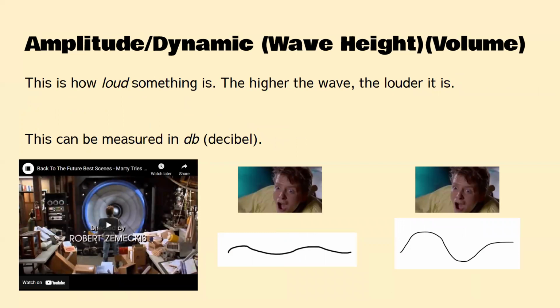Okay, now let's talk about amplitude, which also has a lot of other names: dynamic, wave height, or volume. But you mostly need to know amplitude. This is how loud something is. So essentially just volume. The higher the wave is, the louder it is.